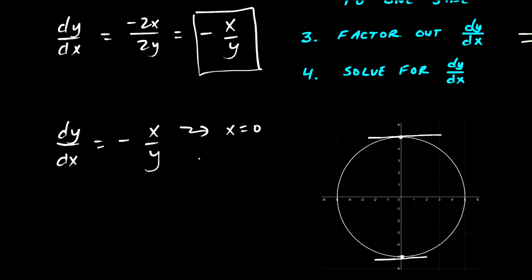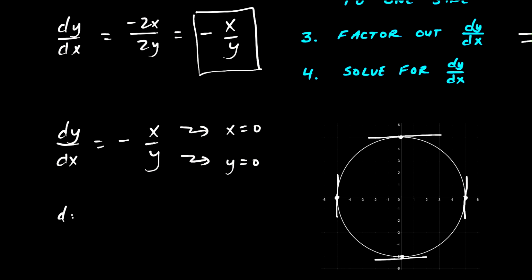And if we're looking for when it's undefined, it's when the denominator is equal to 0, or in this case, it's simply just y equals 0, which happens at two locations, here and here. And you can see we'd have a vertical line tangent, so that's where the slope is undefined. And we can solve for the typical things.